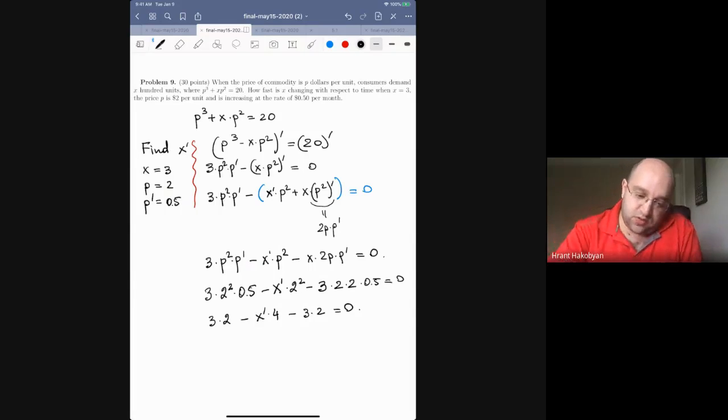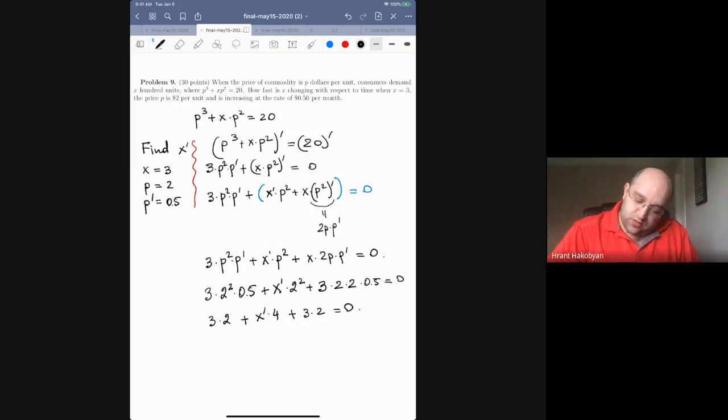So if I solve for x prime, I take that to the right-hand side. Oh, I don't know why I have a minus here. I made a mistake here. It's plus, plus, plus. There are pluses everywhere.